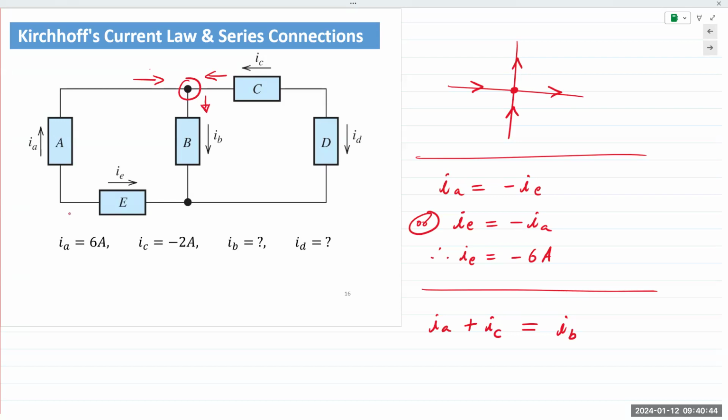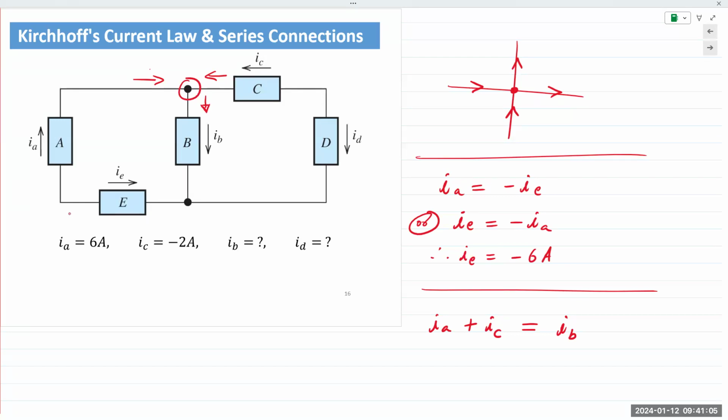There is also another way to write this equation out, which is basically the sum of all the currents entering or leaving the junction is equal to 0. So one technique is to actually assign a minus or a plus sign to the current. Meaning if the currents are entering, you take it as positive. If the currents are leaving, you take it as negative.